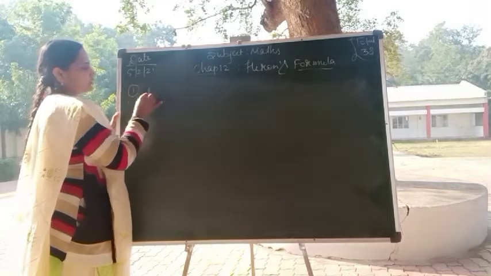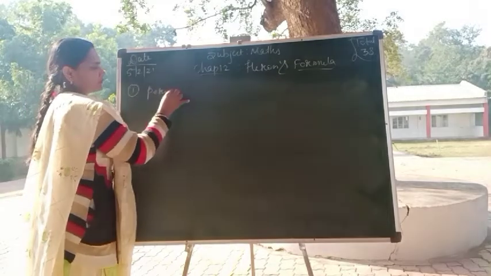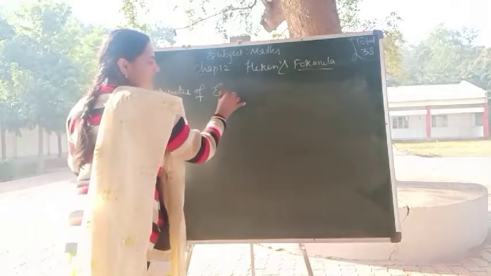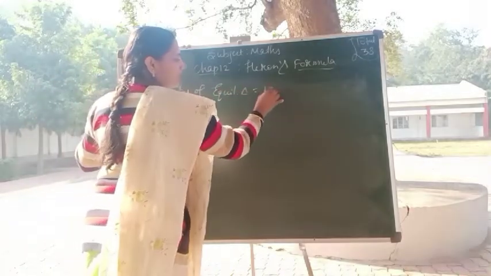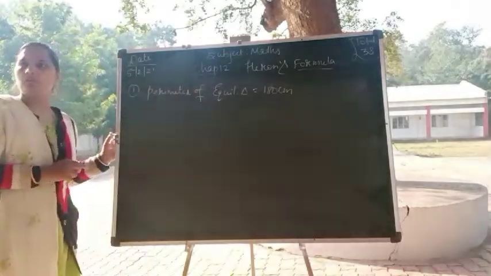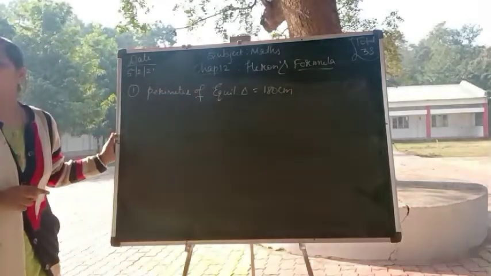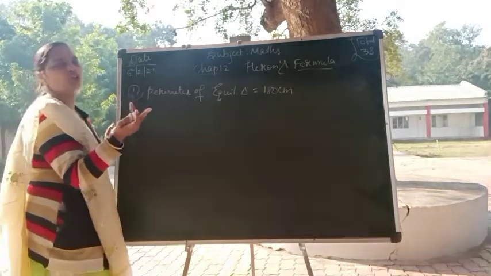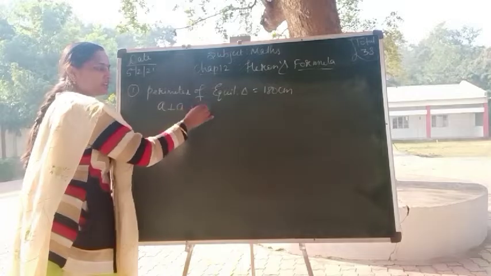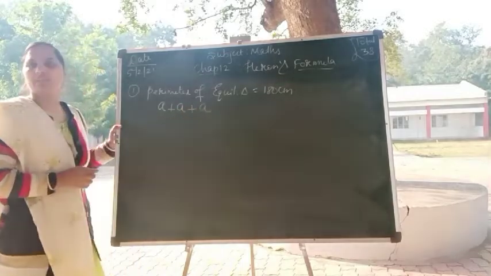So if the perimeter of equilateral triangle is 180 centimeter, what is the formula to find out the perimeter of equilateral triangle? Sum of all sides. So I am taking each side of equilateral triangle as a centimeter.